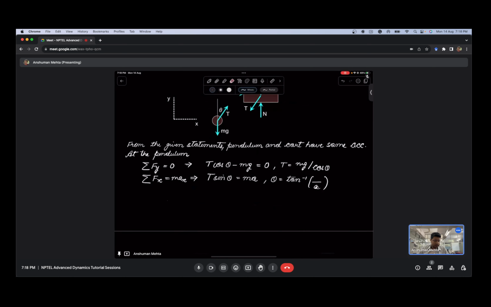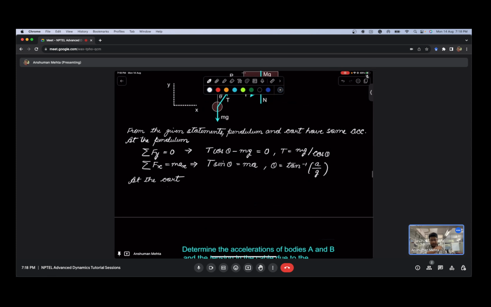P by G. On the x direction. So this will be the equivalent force.